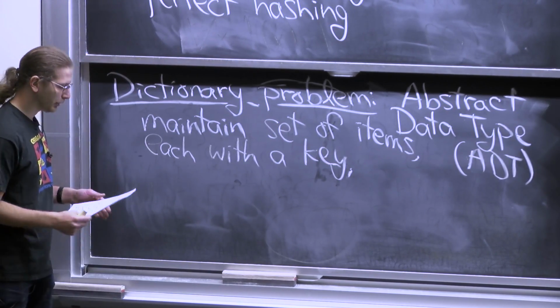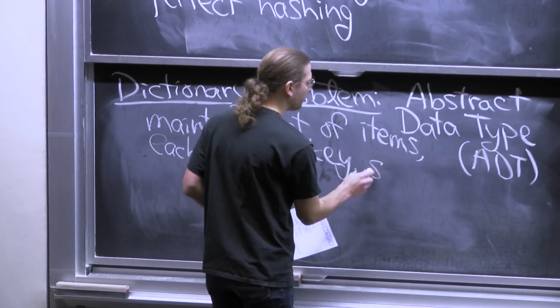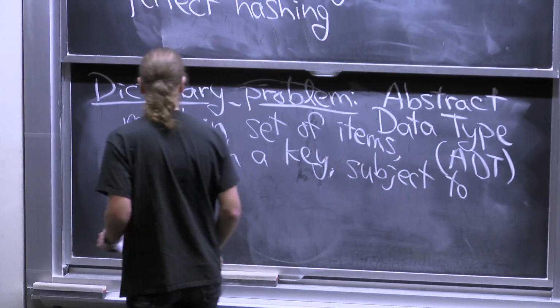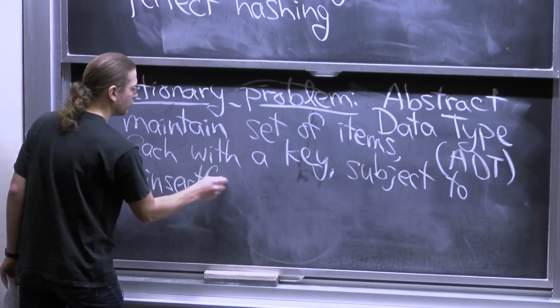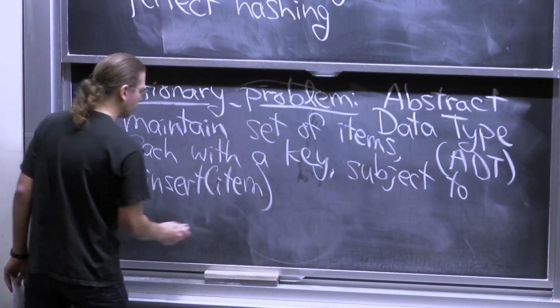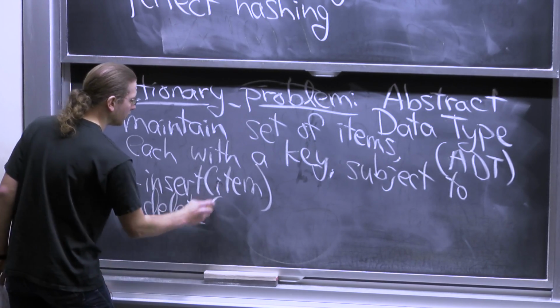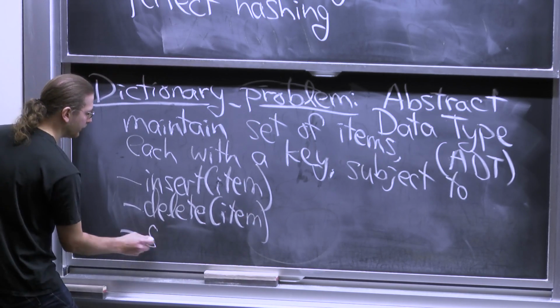But we're just worrying about the keys and moving the items around. And we want to support three operations. We want to be able to insert an item, delete an item, and search for an item.